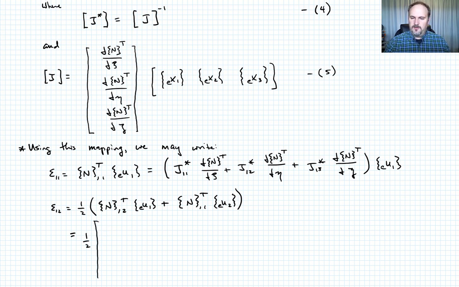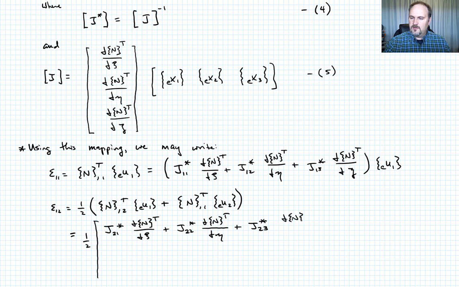This first term that I'm going to look at here is the partial of n with respect to x2, and this becomes j21 star times the partial of n transpose with respect to xi, plus j22 star times the partial of n transpose with respect to eta, plus j23 star times the partial of n transpose with respect to zeta.